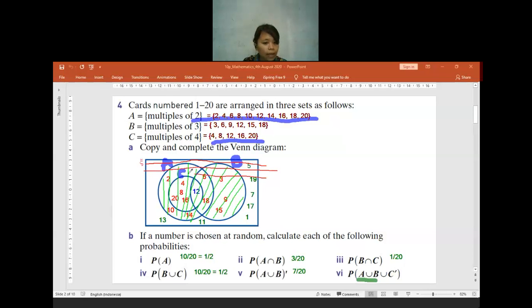This is outside the circle C. This is also outside circle C. This is also outside. So in the end, we circle all of the things inside the square.